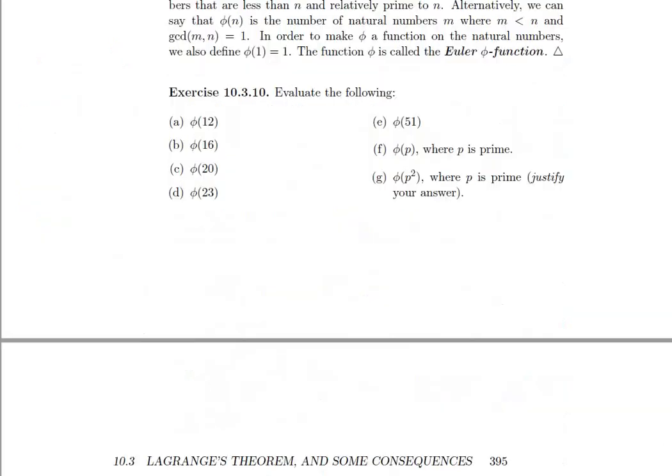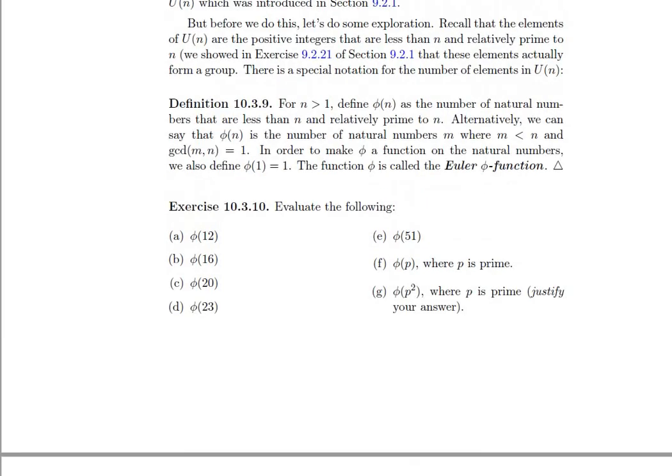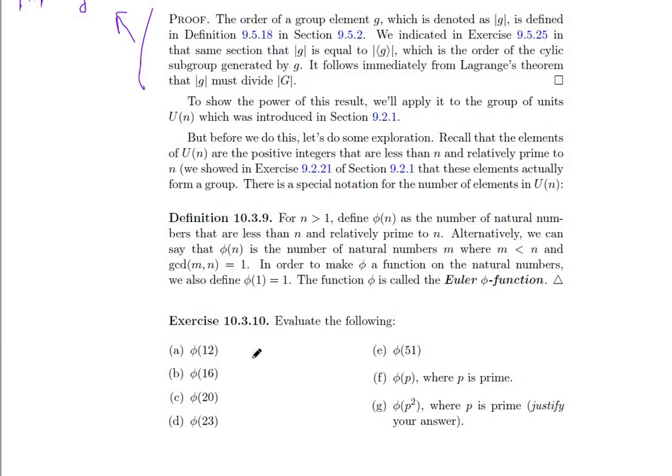Now we can apply this to the multiplicative groups of modular multiplication. Remember that U of n is the multiplicative group of numbers less than n that are relatively prime to n. There is a special notation for this quantity.